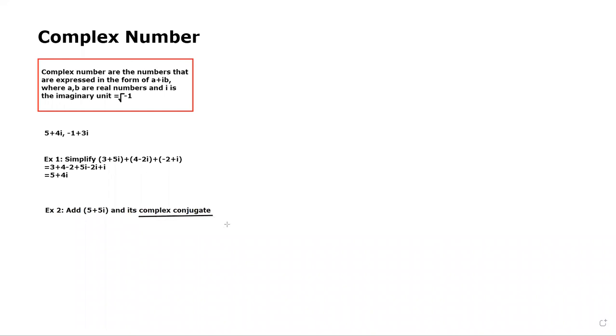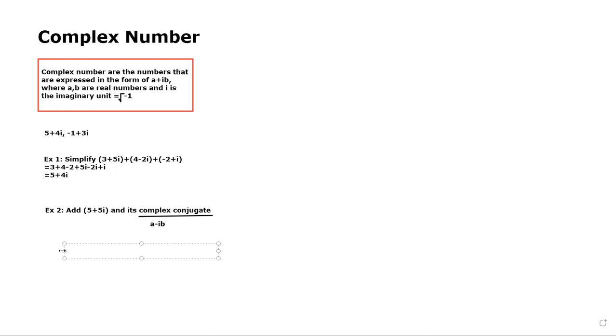The complex conjugate of any complex number a plus ib is a minus ib. So here our complex number is 5 plus 5i, so its complex conjugate will be 5 minus 5i.